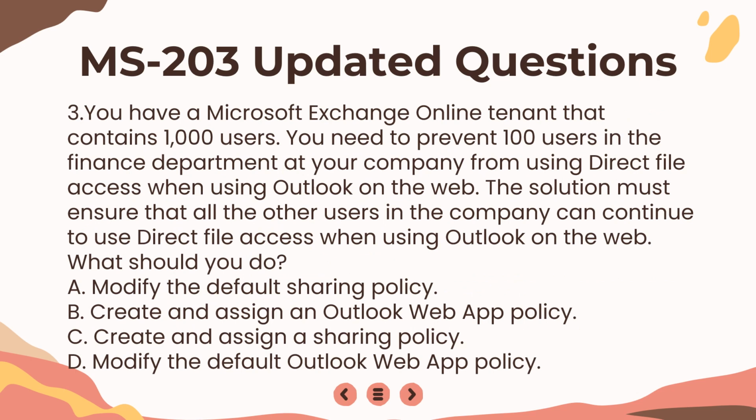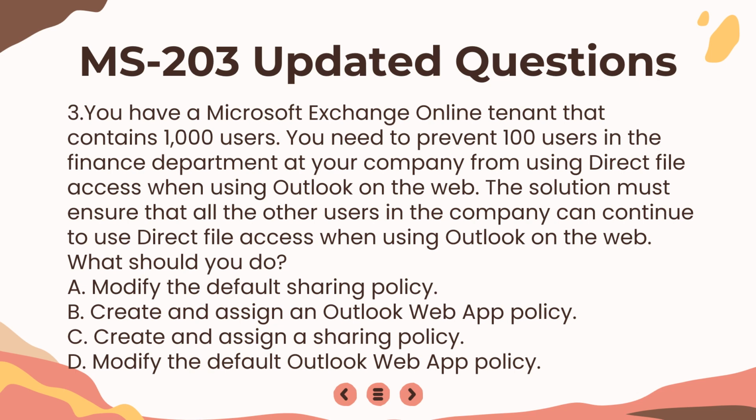3. You have a Microsoft Exchange Online tenant that contains 1,000 users. You need to prevent 100 users in the finance department at your company from using direct file access when using Outlook on the web. The solution must ensure that all the other users in the company can continue to use direct file access when using Outlook on the web.